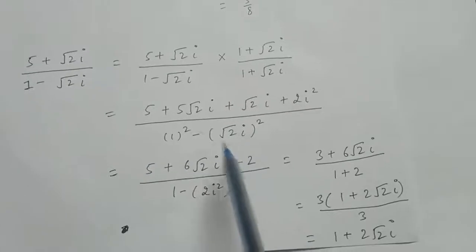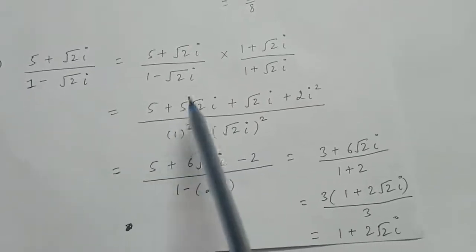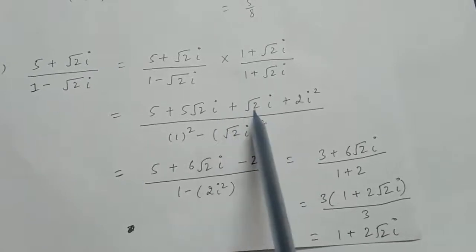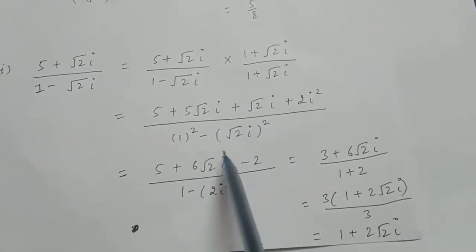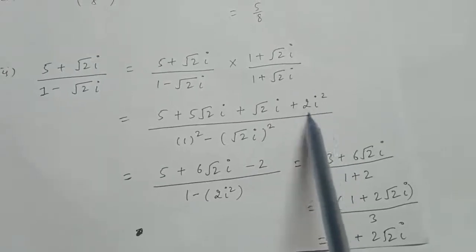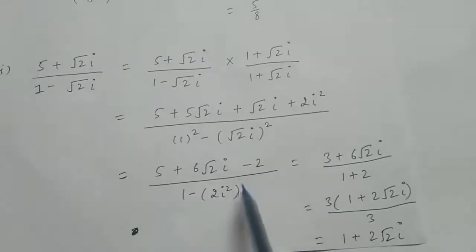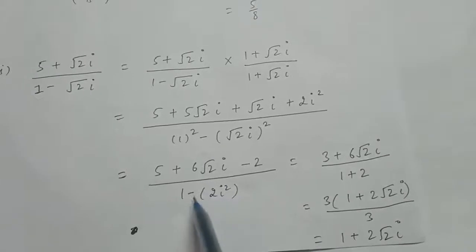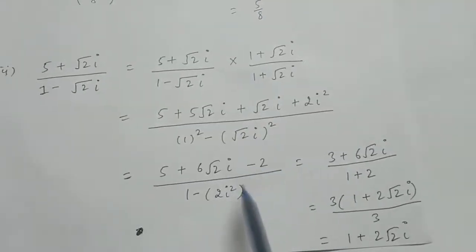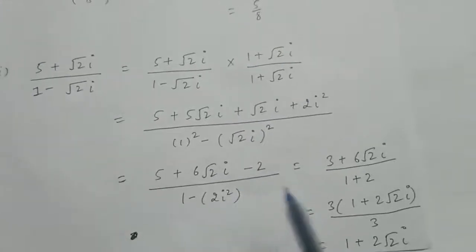Now this is 5, this is 5 root 2, this is 1 root 2, so this will be 6 root 2 into iota, and iota square is minus 1, so this will become minus 2 upon 1 square is 1 minus (root 2) square is 2 and iota square, right?